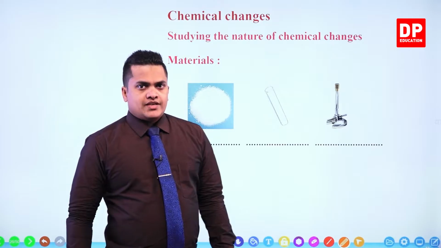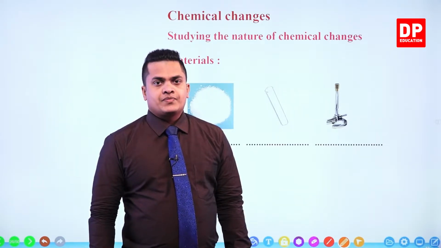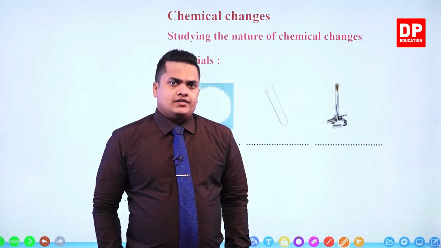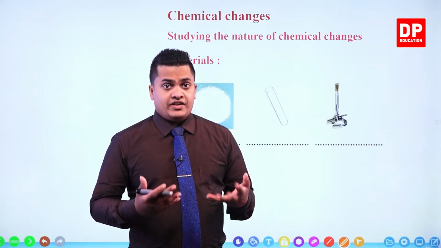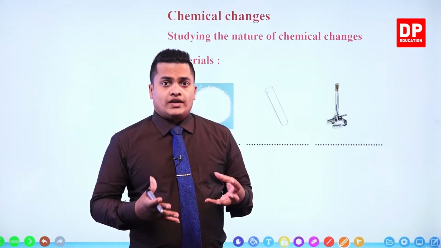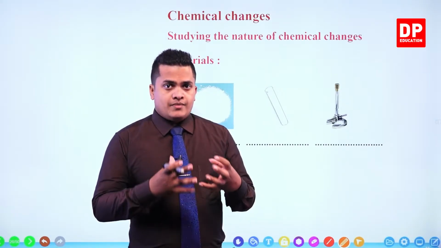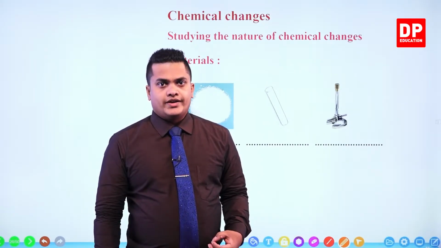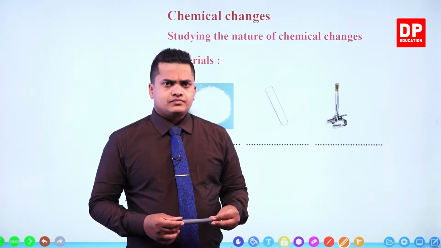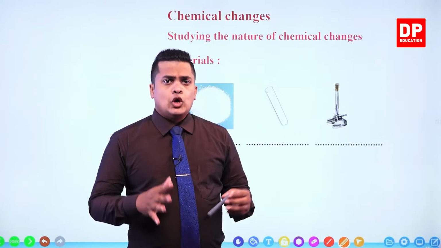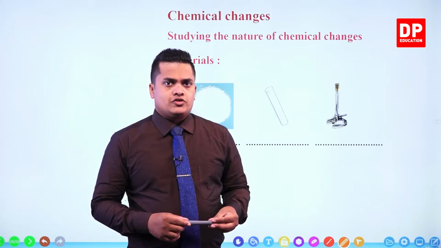Within this chapter we'll be discussing the nature of chemical changes, how we can identify a chemical change, I mean what kind of evidence, or what are the evidences to show that there is a chemical change. So we'll be discussing several things and information regarding chemical changes.